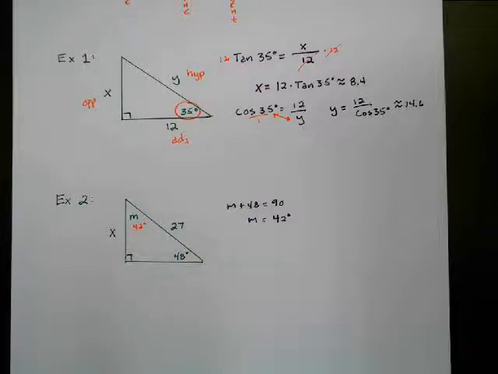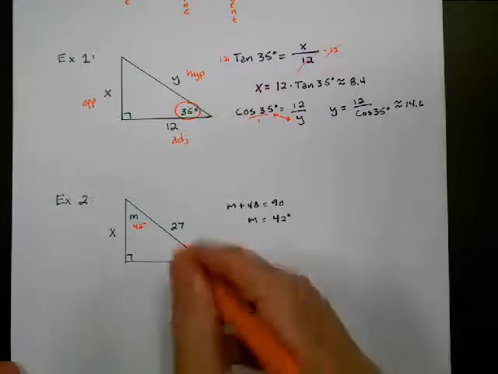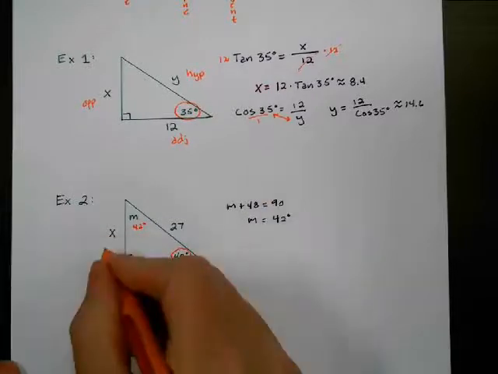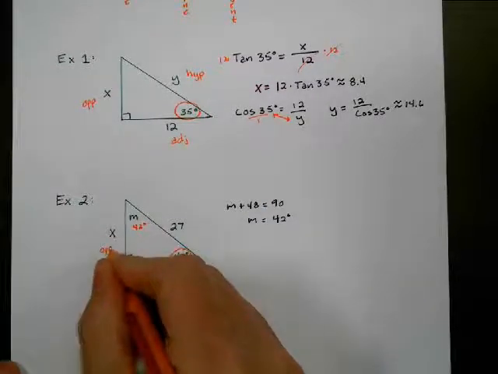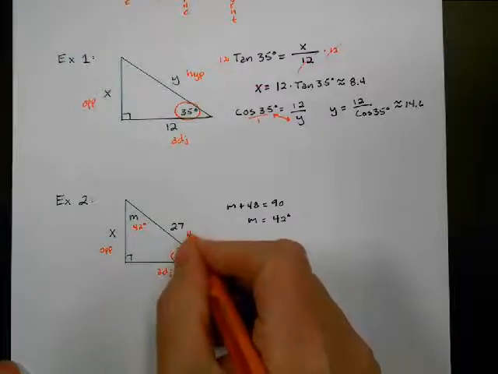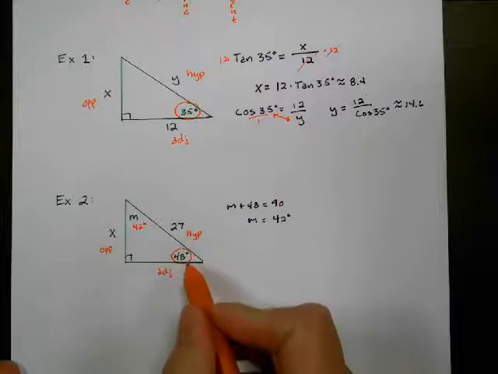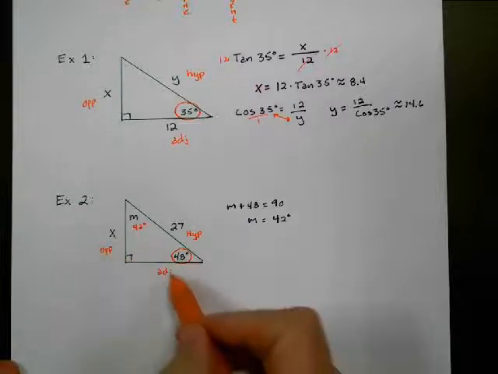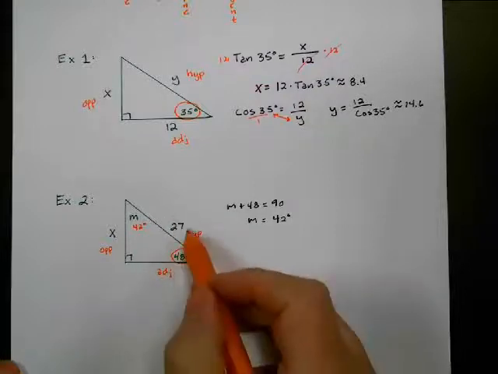Anyways, let's make the angle of reference for this one 48 this time. All right, so this one would be opposite, this one would be adjacent, and this would be the hypotenuse. So this is my angle of reference. I need the x in there because I'm going to solve for it, so I need opposite. I have nothing for my adjacent, so I can't use that. And I've got my hypotenuse here. So opposite and hypotenuse, which one is that?